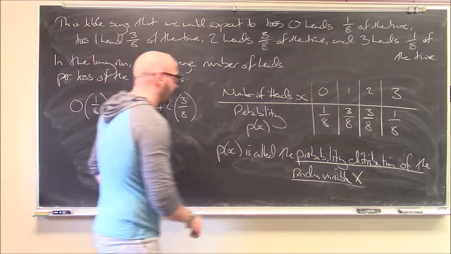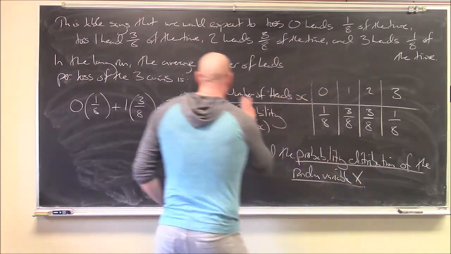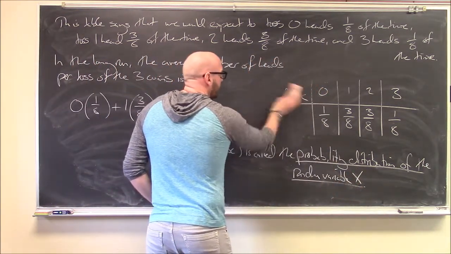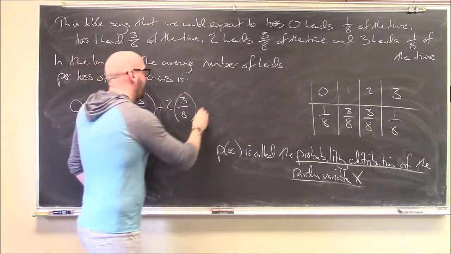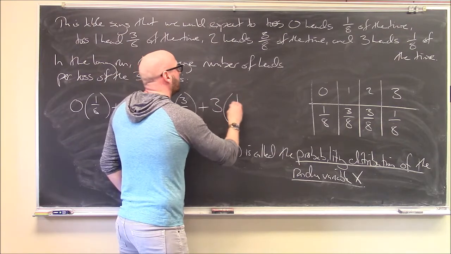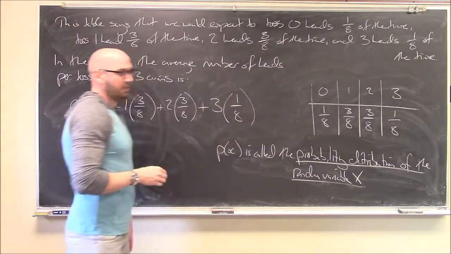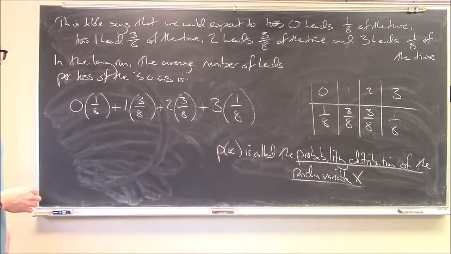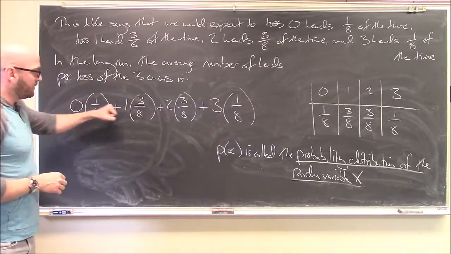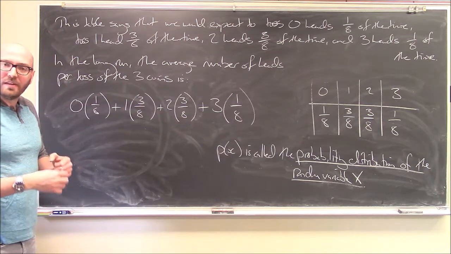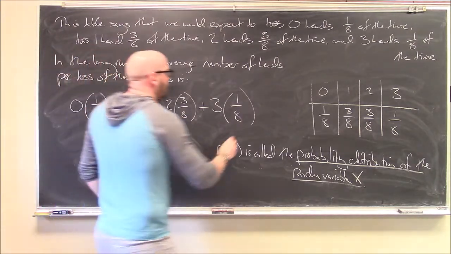I'm running out of space here, so I don't want to erase my table, but I'll leave some of it there. And plus 3 heads, we know that occurs 1/8 of the time. So if I weight the outcomes by their probability and add them all together, that should give me the average outcome.